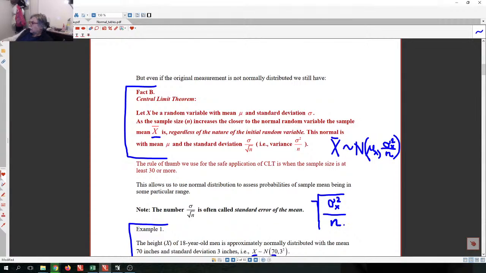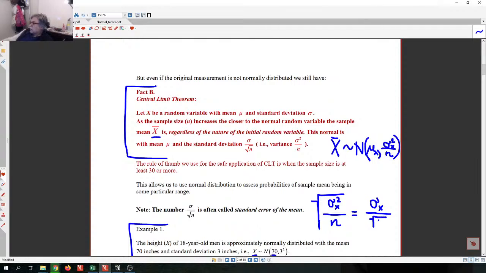And when you take a radical of a fraction, some of you know some algebra, right? You take the radical of the numerator and the radical of the denominator. Radical of the numerator, this is a square, I'm taking a square root, I'm just simply going to end up with the original standard deviation. Downstairs, I'm going to have to take the square root of n.